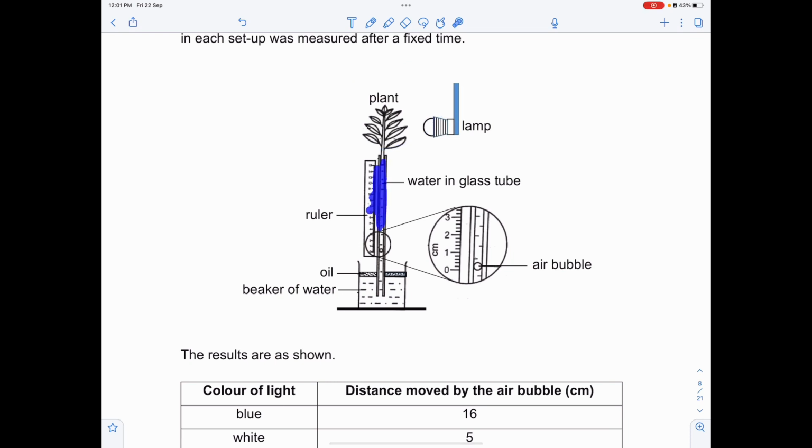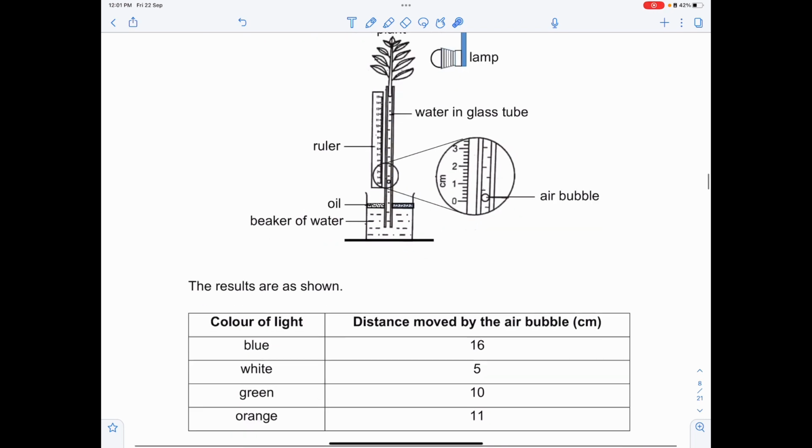So remember, in this class, what you need to do when you first get your paper is write down the word equation for photosynthesis and respiration. Remember, the word equations for photosynthesis and respiration are opposite of each other. Okay, that's one. So we know that when you photosynthesize, you will take in water. So since this is actually water over here, when your plant takes in water for photosynthesis because of the presence of light, it will actually use up the water over here. So because of that, your bubble will actually go up.